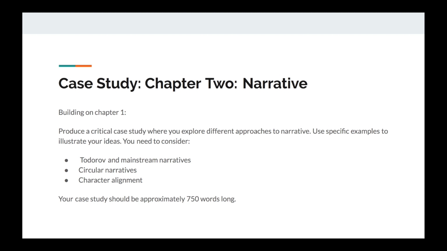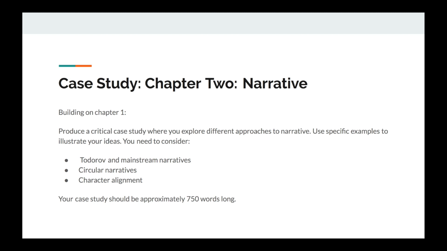Okay, so the task here: hopefully you're all well on the way with your genre case study, and within your genre and narrative case studies, you can speak about structuralism and semiotics. They can weave throughout both of these key areas. So, in terms of your narrative chapter, I've said if you can make it about 750 words, so this case study should be building quite nicely now with quite a lot of detail.